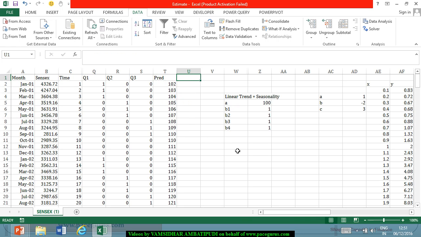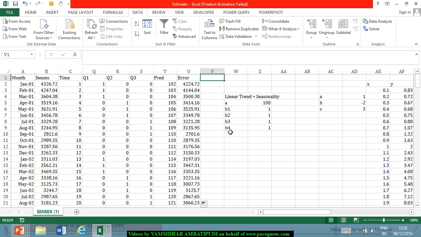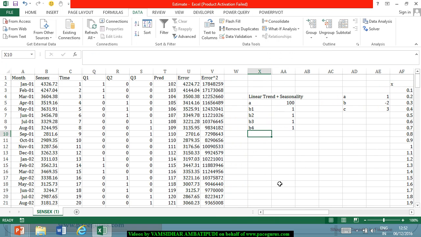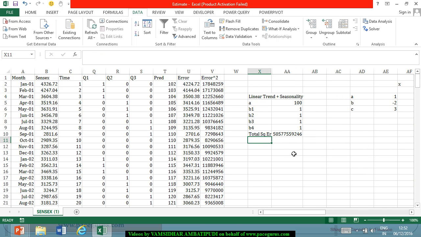Based on that, I can find out the error. The error is coming out as the actual minus the predicted value. So this forms to be the error, and I'm also talking about an error squared which comes out as this particular value squared. Alright. Now I can find out the total squared error. The total squared error is coming out to be this much, and I would like to change these variables so that this total squared error will be the minimum most.